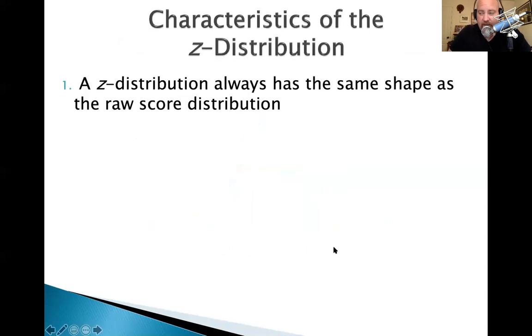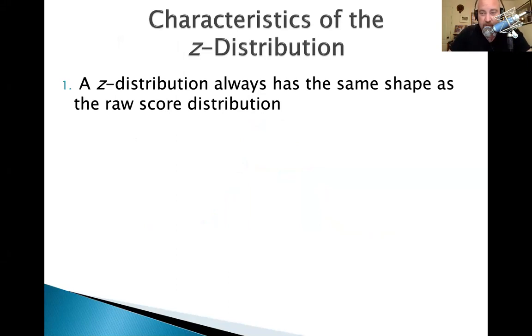The characteristics of the z distribution, which is a normal distribution: it has to be close to perfectly normal, right? Perfectly symmetrical, unimodal, a bell curve. You really only want to use z-scores when you have this type of distribution.